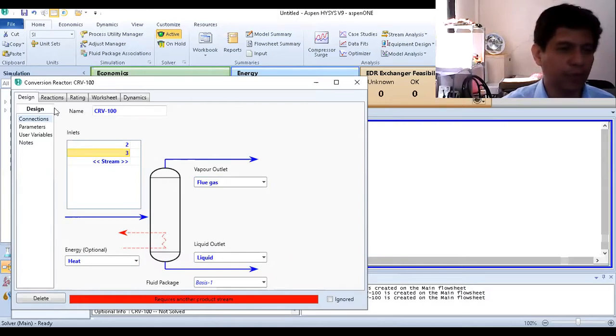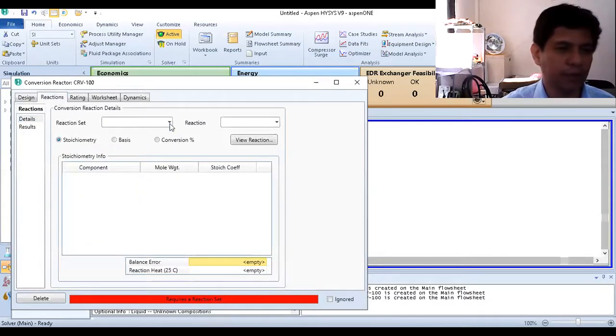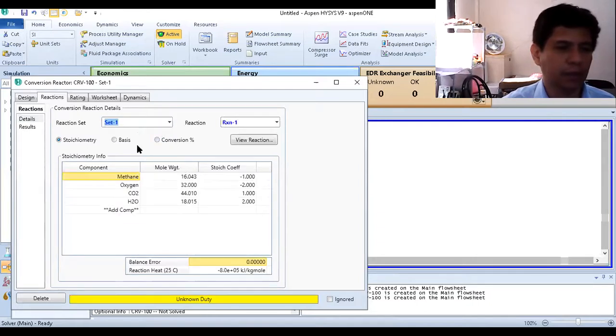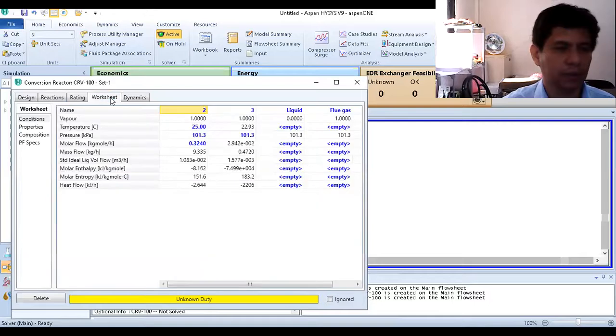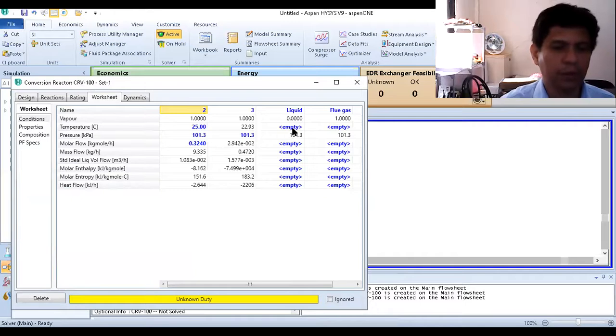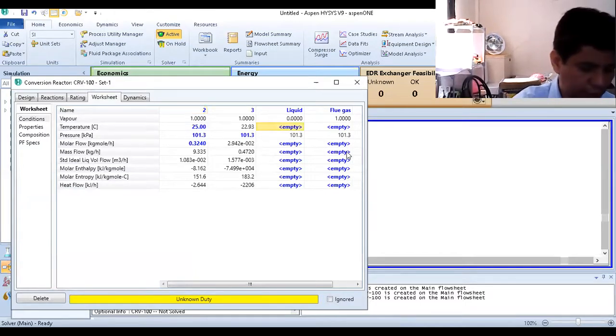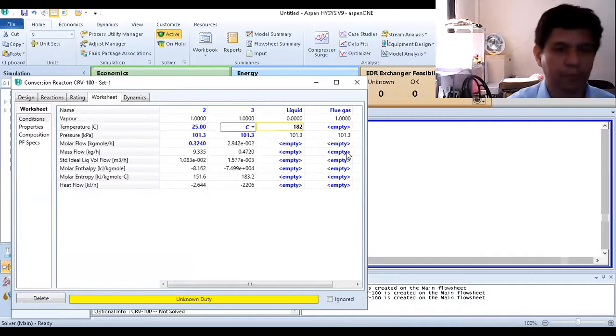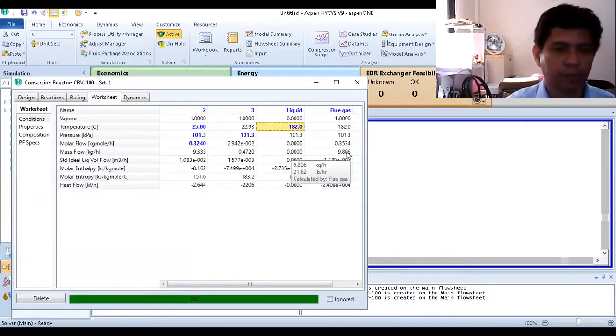And then we're going to add the reaction, the combustion reaction. And then we're going to add the temperature. It is stated in the problem that the temperature is 182 degrees Celsius. Okay, so as you can see, it converges.